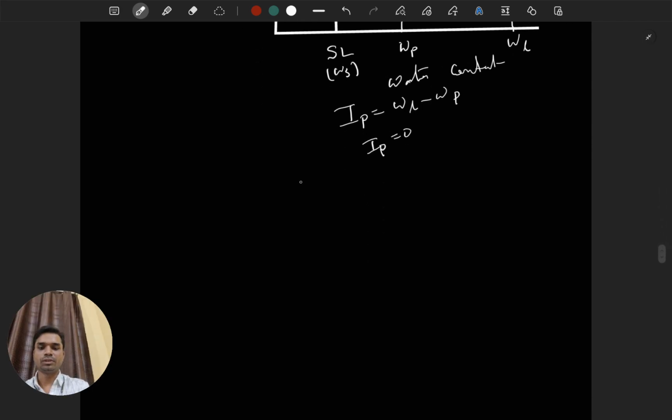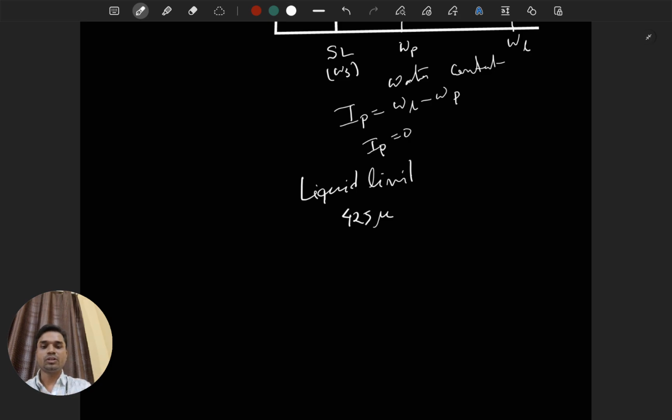Now for liquid limit and plastic limit, in both cases we conduct the Casagrande apparatus test. In the Casagrande apparatus test, 425 micron IS sieve we generally use. This is an important one. In the upcoming GATE exam, this question will most probably appear. 425 micron IS sieve we generally use in the Casagrande apparatus to sieve the soil sample.